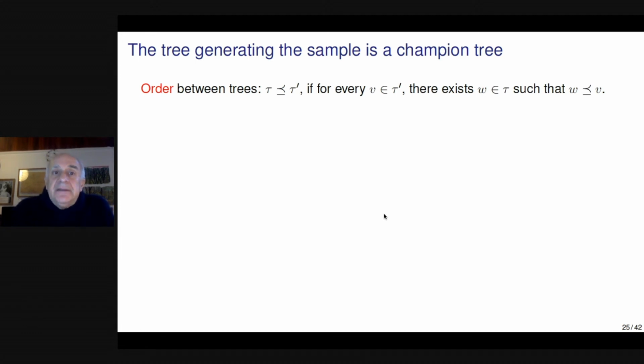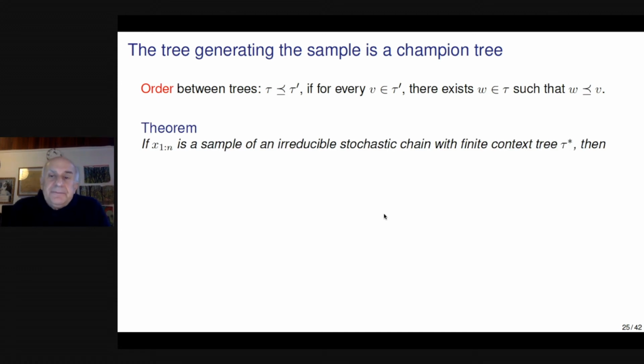It is interesting to define an order relation between trees. Tree tau is smaller or equal to tree tau prime if for every context v in tau prime there exists a context w in tau such that w is either equal to v or is longer than v. The theorem is the following.